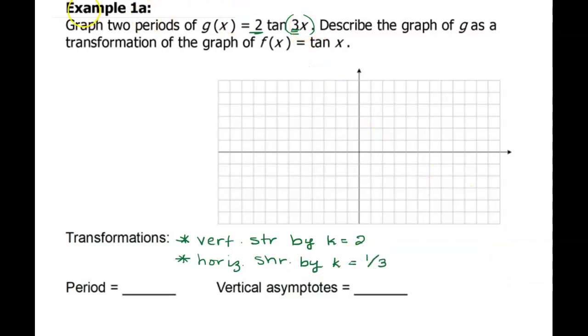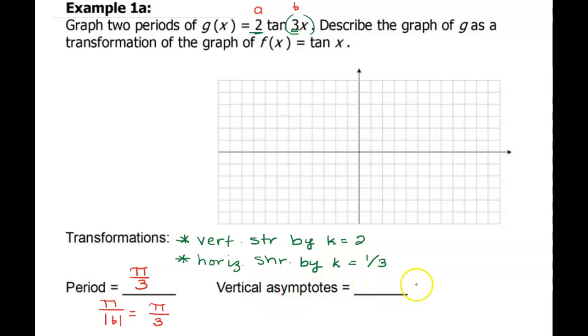Now to find my period, remember my period is going to be pi over the absolute value of b. This is my a, this is my b. The absolute value of 3 is just 3, so my period is going to be pi over 3.